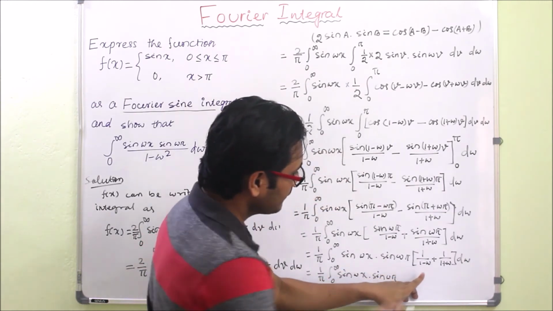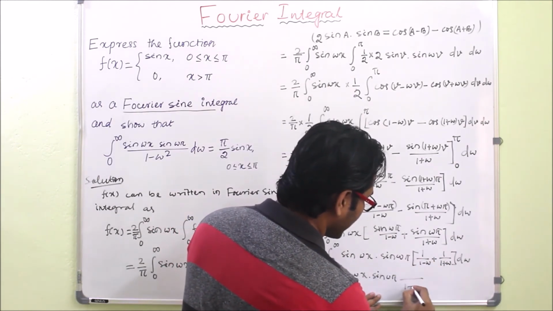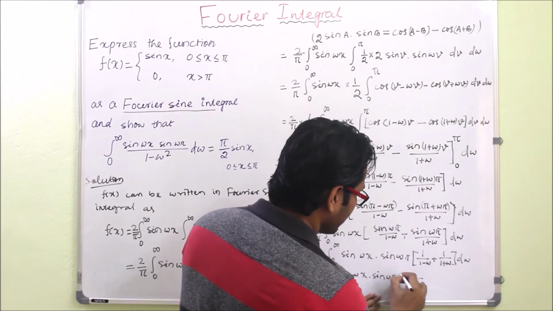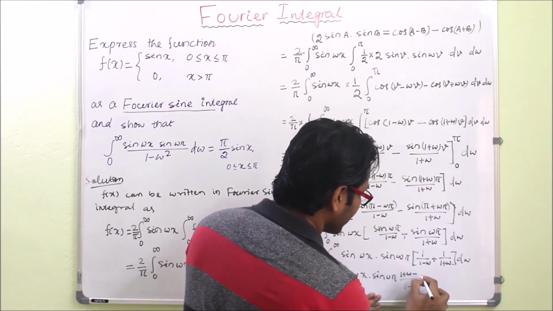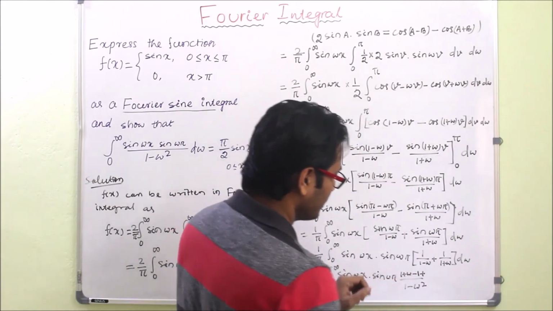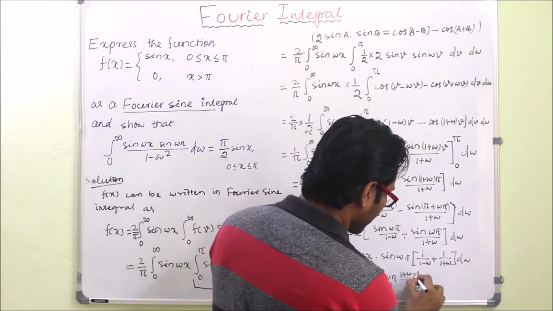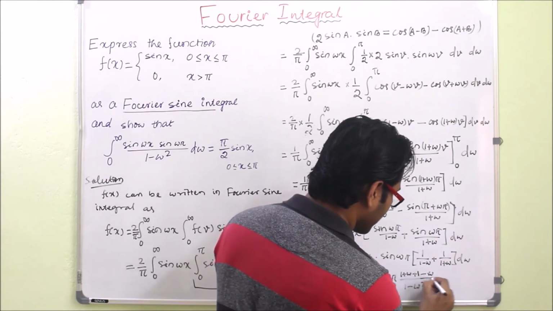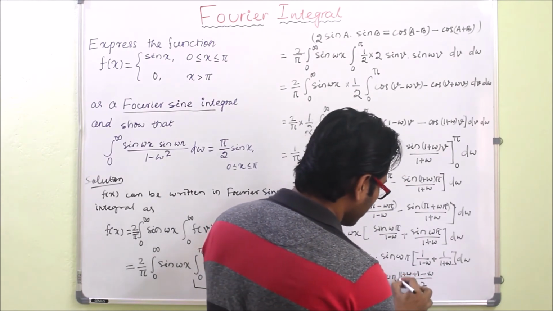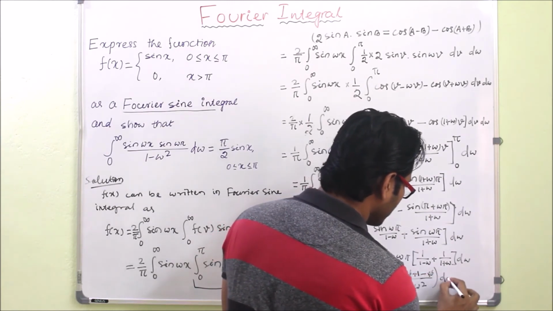Here we take 1 minus w square, it will be 1 plus w plus 1 minus w, so w will cancel, there will be 2.